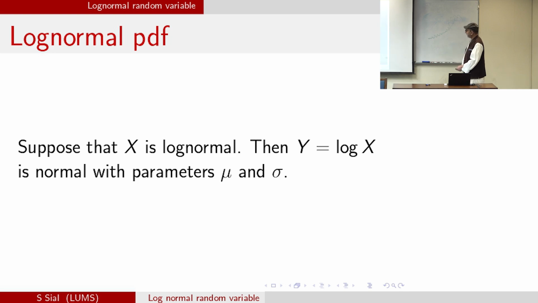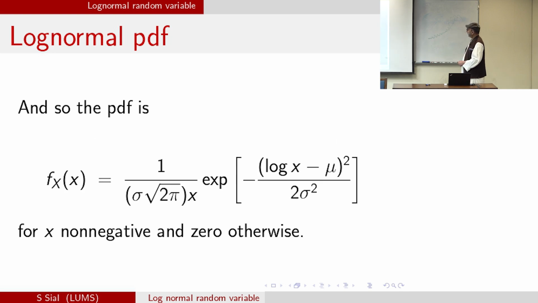I've already said that. Okay. So the PDF for x is 1 over sigma root 2 pi times x, times the exponential of minus the logarithm of x minus mu, squared, over twice sigma squared.